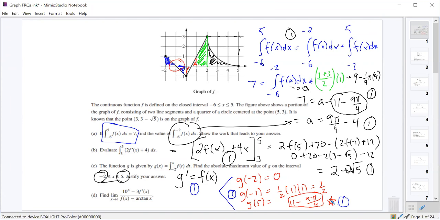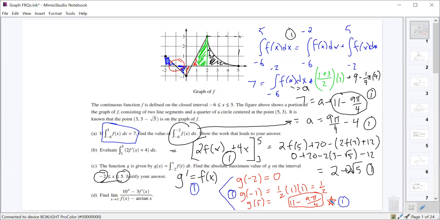Did you get the actual value of 11 minus 9 pi over 4 though? No, because you didn't read the question. Yes, one of my tips for the exam is answer the question. It's actually written on the tip sheet. Everything you said is fine. They would probably give you the points up until the last point because you didn't actually answer the question. Okay. Anybody else have any questions on that?